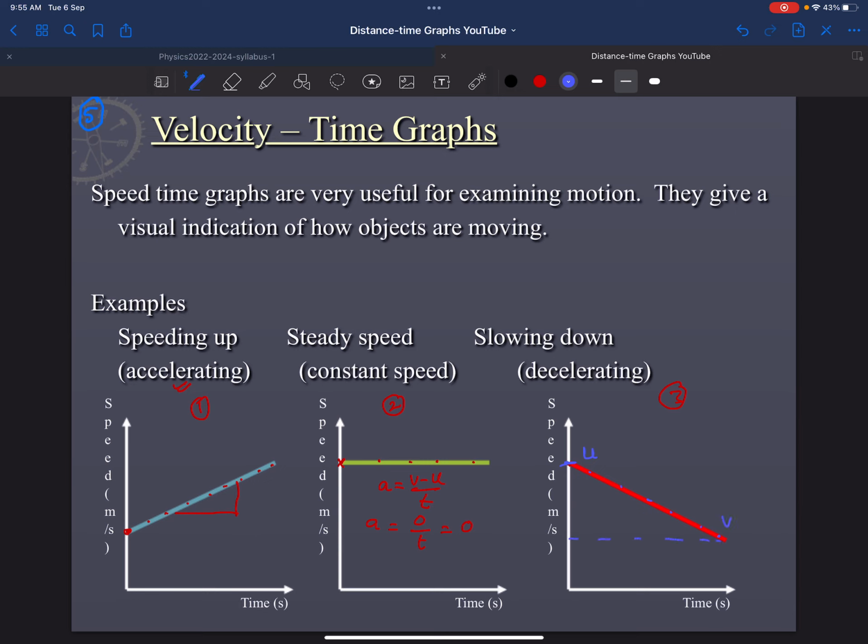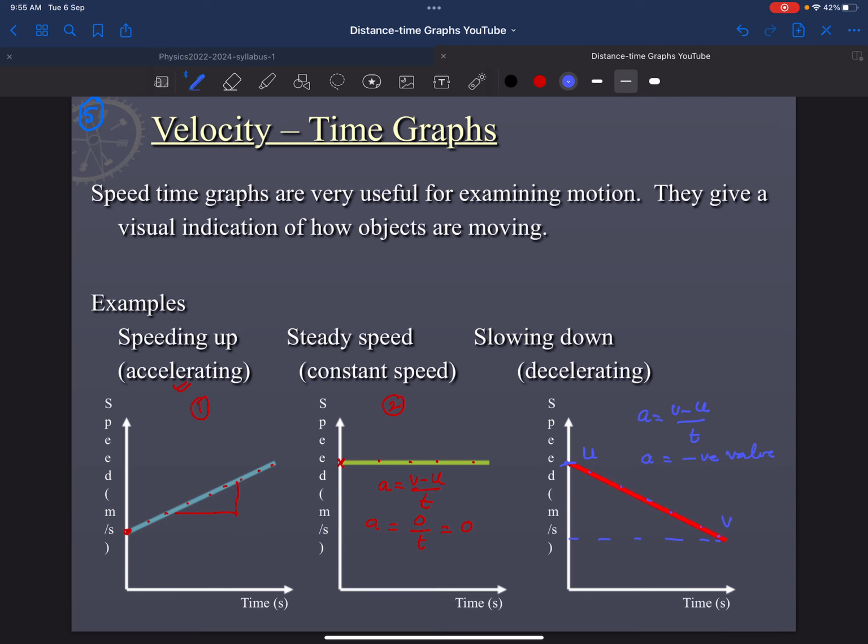And when you get the gradient, a = (v - u)/t, the a will be negative this time, and this shows that the body is decelerating, or deceleration is taking place.